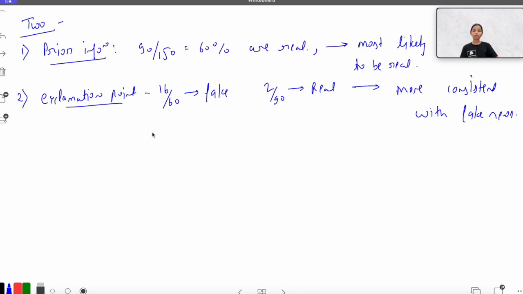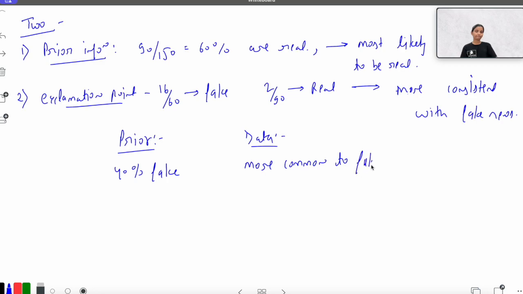Okay, so basically we have our prior, and that is 40% of the articles are fake. We have our data, which suggests that the exclamation point is used more in fake news. Then we want to gather some information.